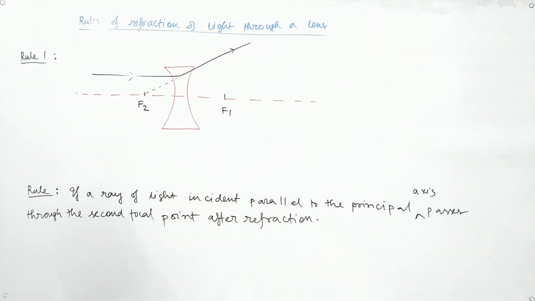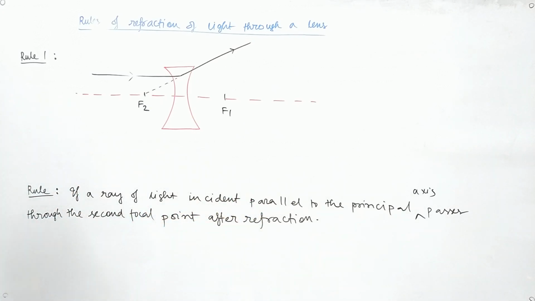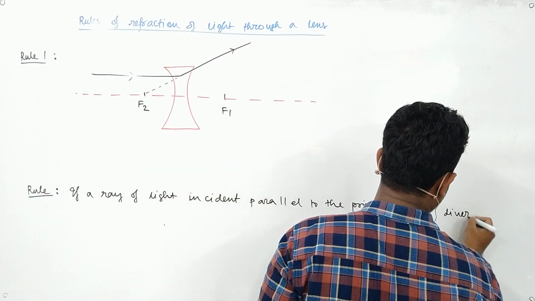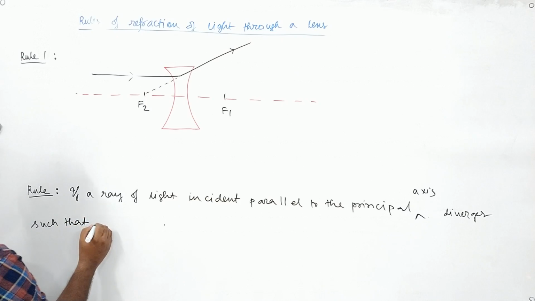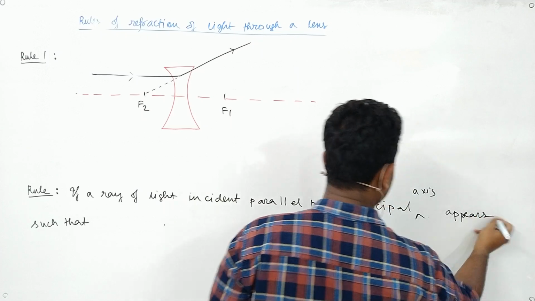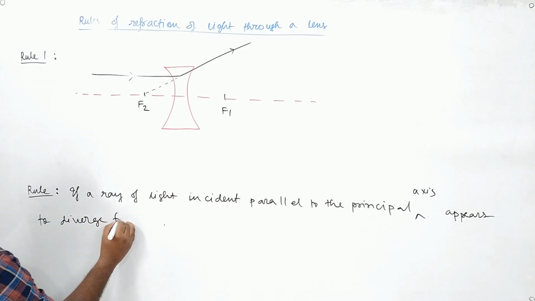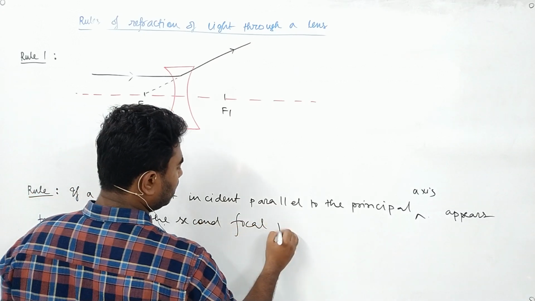So how will I modify this one for concave? If a ray of light incident parallel to the principal axis diverges such that it appears to diverge from the second focal point.